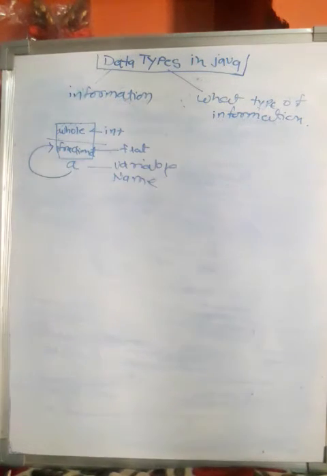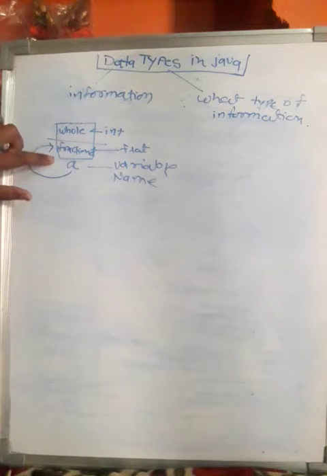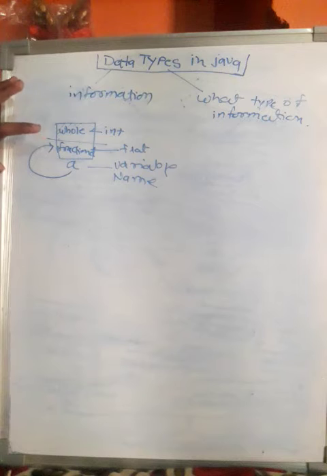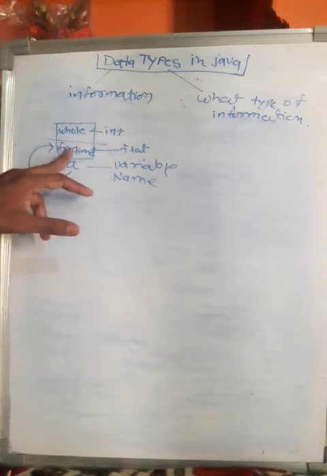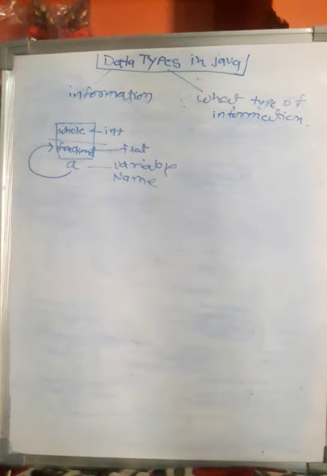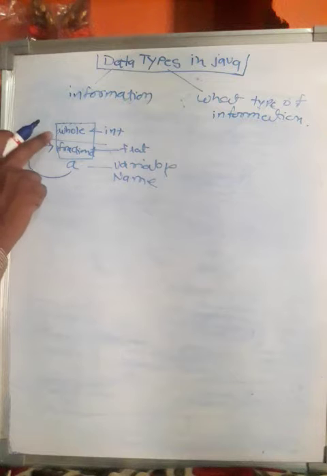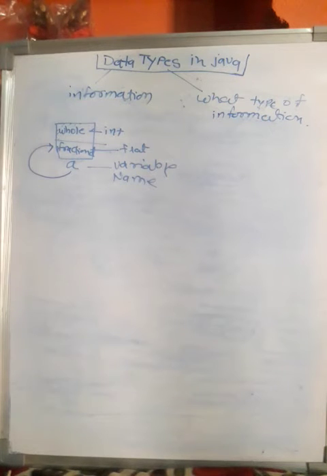We will discuss integer and float later, but we must specify which type of information is stored in this space. Whole number is an integer, fractional number is a float. This type of declaration is called a data type.